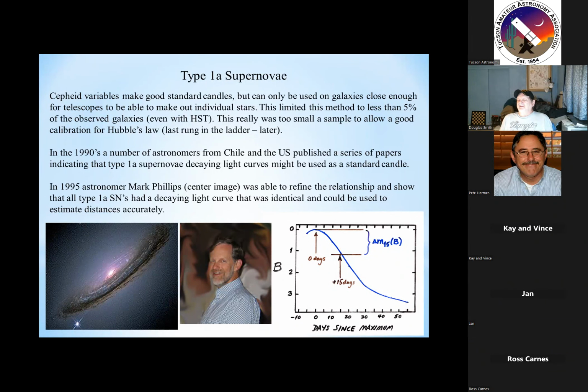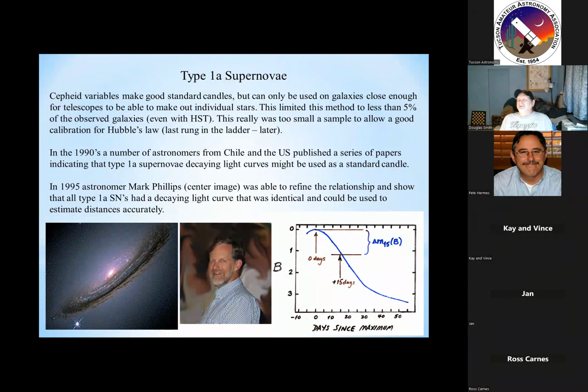Turns out that the way it decays is a very well-defined process because we understand the type 1a supernova really well. It has a very distinct light curve and a very predictable light curve when it decays.